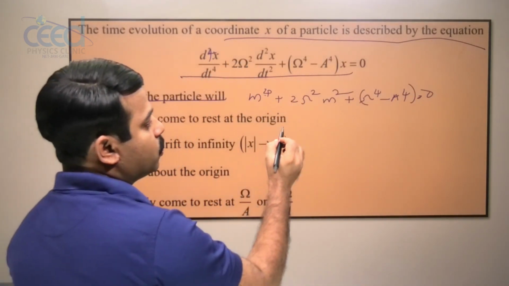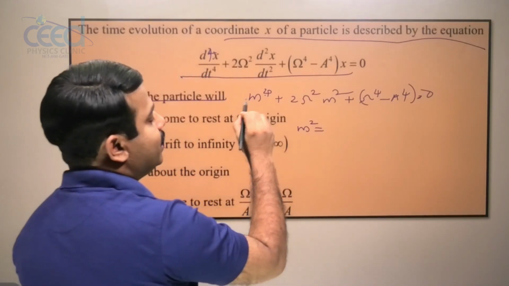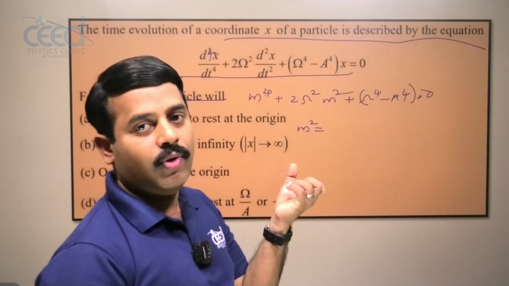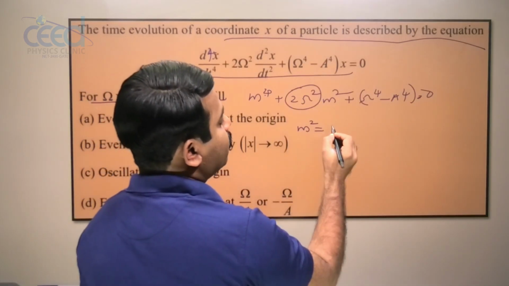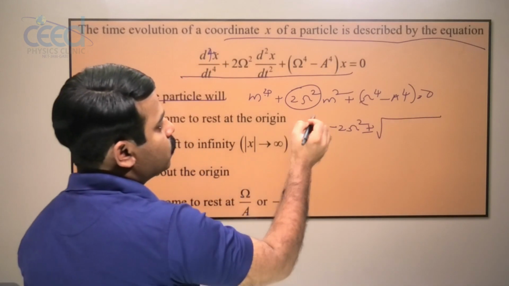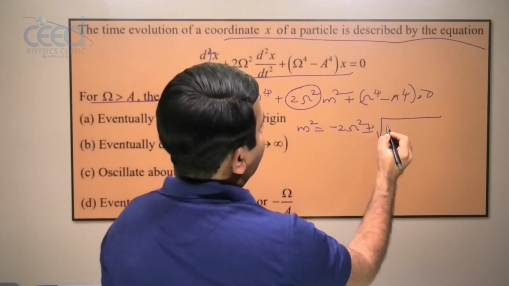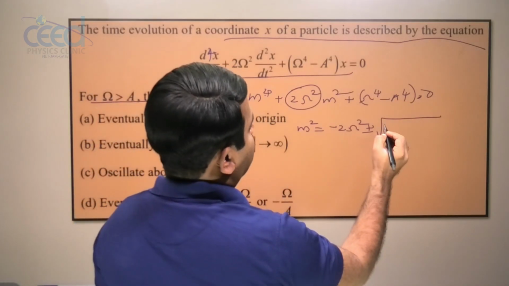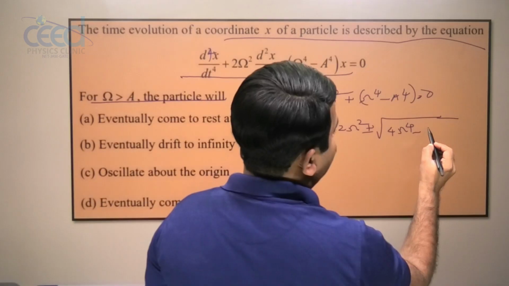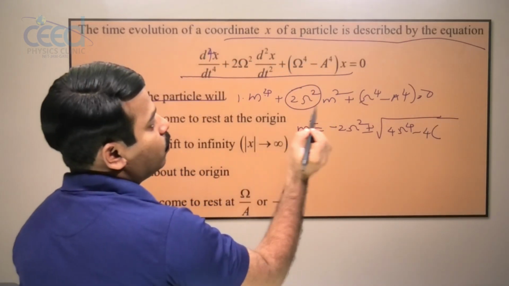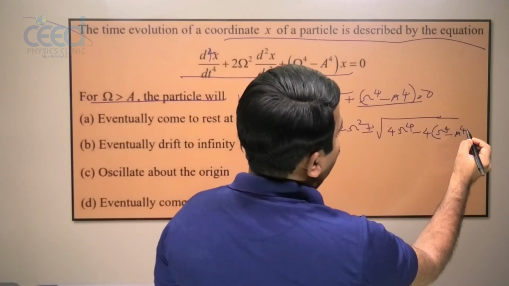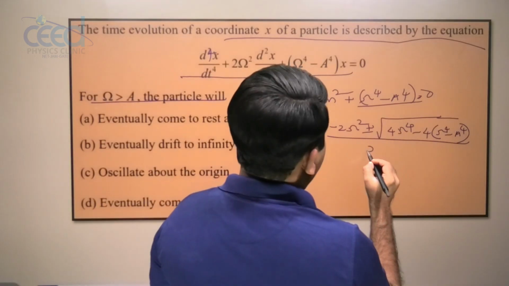Now how do we solve for m square? It is a second order equation format. You solve, and you get m square equal to minus b plus or minus root b square minus 4ac, all divided by 2a. Here b is 2 omega square, so b square is 4 omega raised to 4, minus 4 into 1 into c, that is omega raised to 4 minus a raised to 4, divided by 2 into 1.